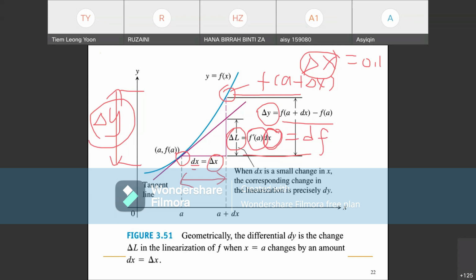So as I mentioned earlier on, you can calculate the derivative of the function at a, then you can use this as the change in the function. So delta y is the exact change in the function when x changed by delta x. To obtain the approximation, you just have to calculate the differential of the function at a.